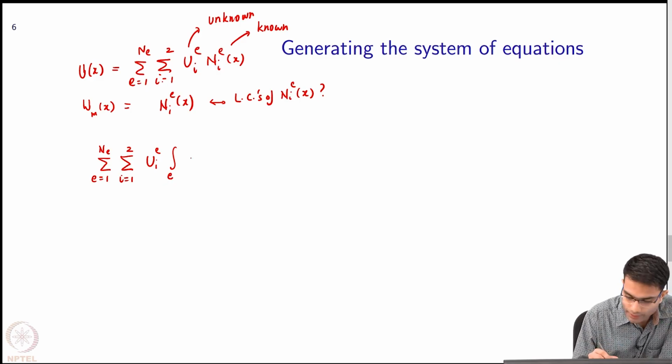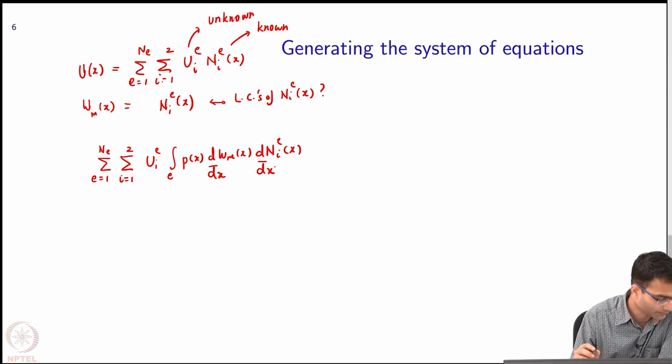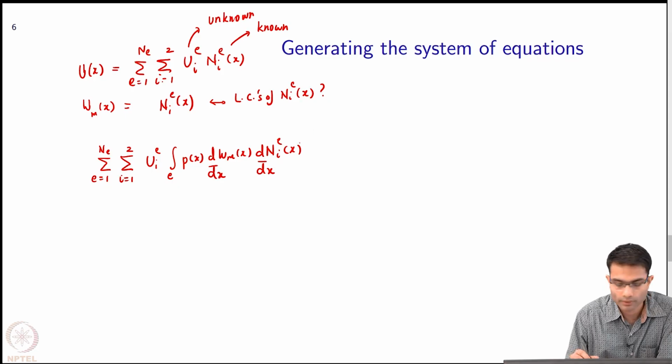Then I have a first term is Px dWmx by dx dNie by dx. This is the first term of the weak form, right. Second term was what? Qx remains as it is.